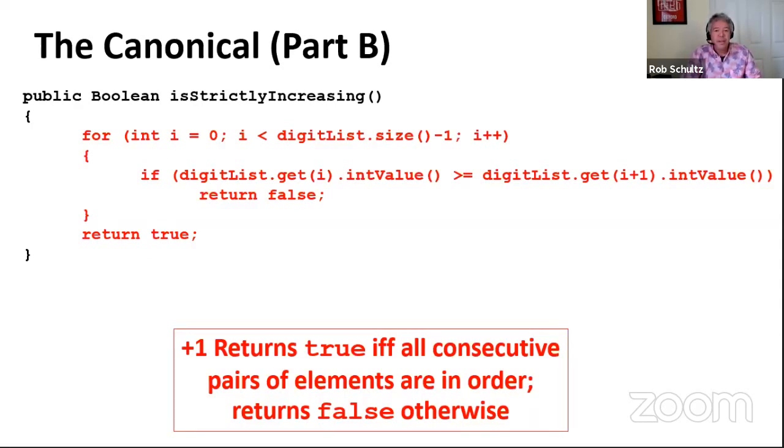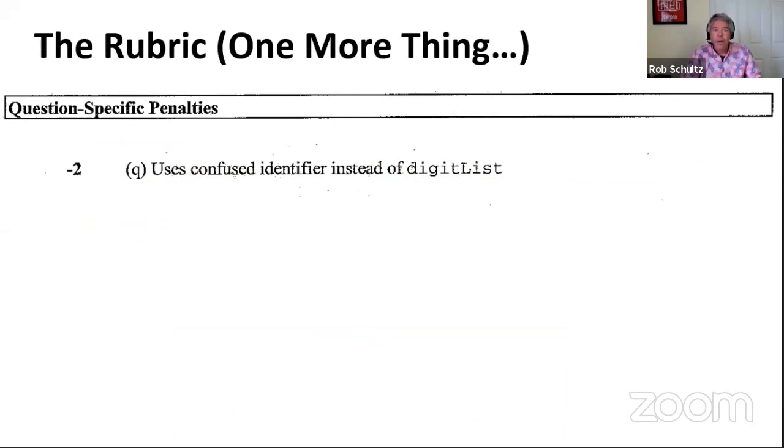One more thing with this one. Remember at the beginning when we were looking at the problem description and I said that the wording and the font is very, very specific? Digit list is in Courier New for a reason. They're telling us that because digit list is our declared array list and most of the points on the rubric specifically refer to digit list.